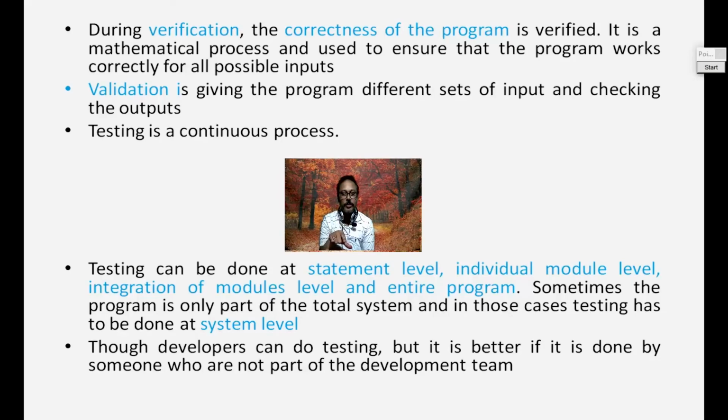You are pressing with your thumb. Is it able to scan it? Is it able to sense it or not? Is the memory sufficient to store the thumb impressions of several people? Because it has to be verified, compared. So system level testing. Software can sometimes be only part of the system.